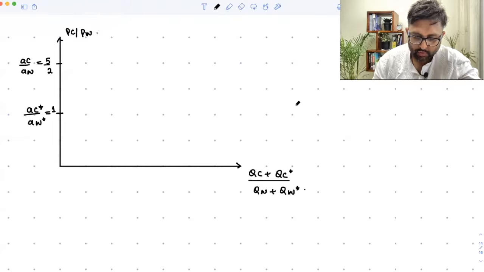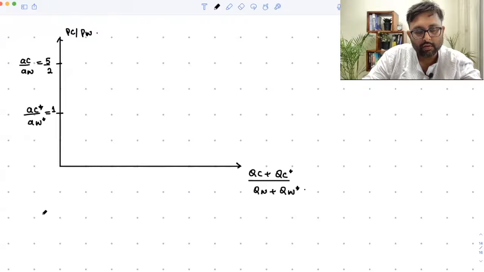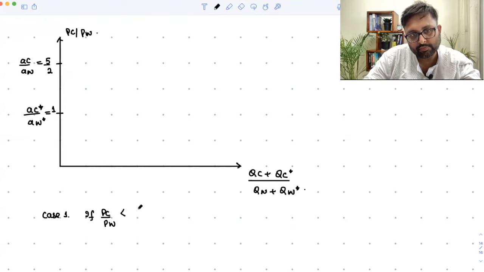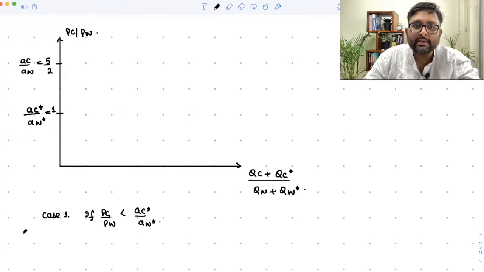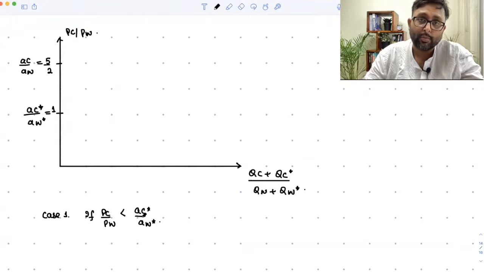So in case 1, if PC by PW is less than AC star by AW star, then the foreign country is not going to produce cheese because the relative price of cheese is less than the opportunity cost.